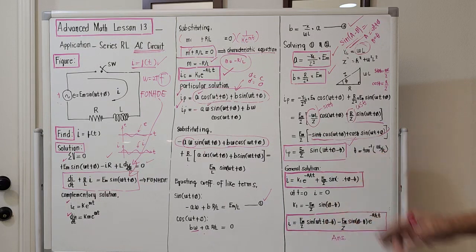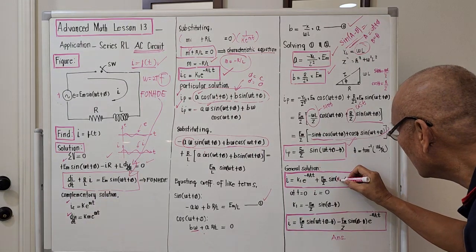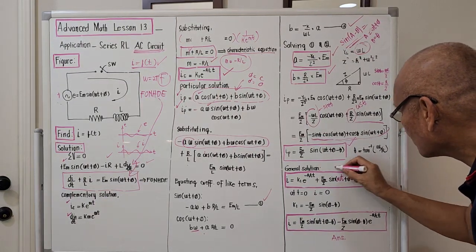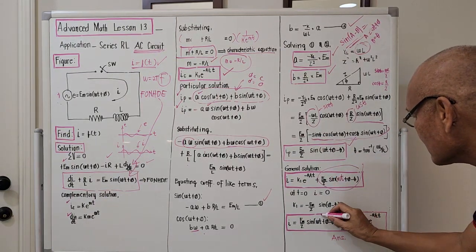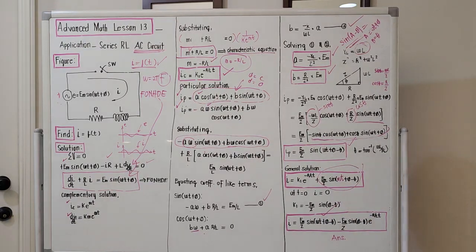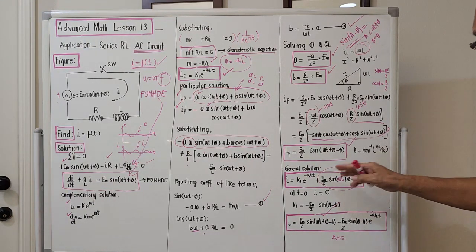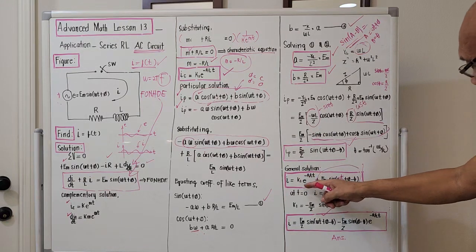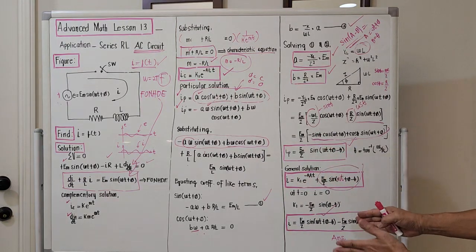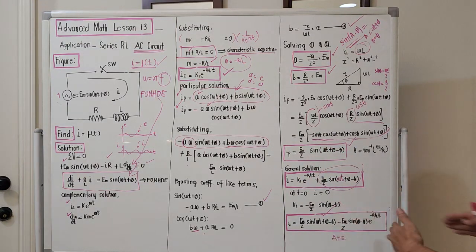So the total solution, we will just rearrange. This is omega t. I will write first this one, plus the value of K1, but K1 is negative, so I place K1 on the second part.